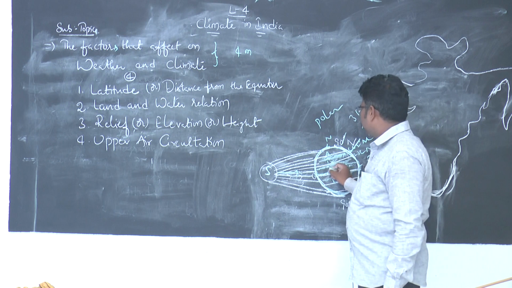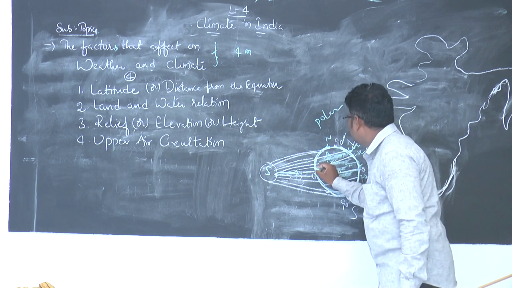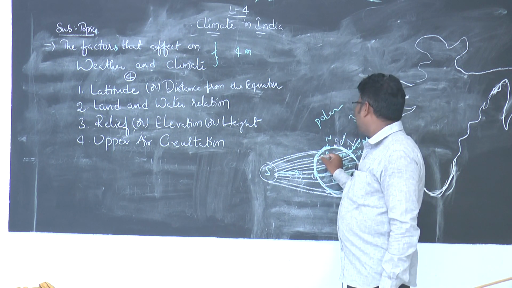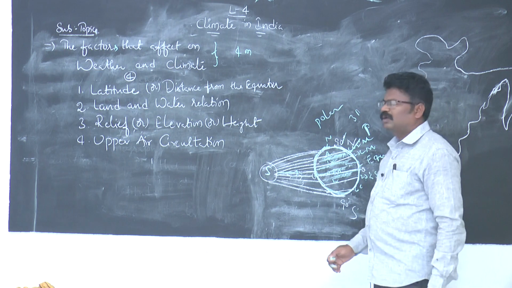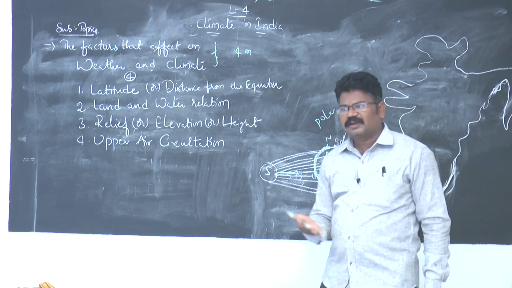and that means the equatorial region. Whereas as we move from the equator gradually to the poles, after 23 degrees north latitude, the rays of the sun fall obliquely or slantingly.